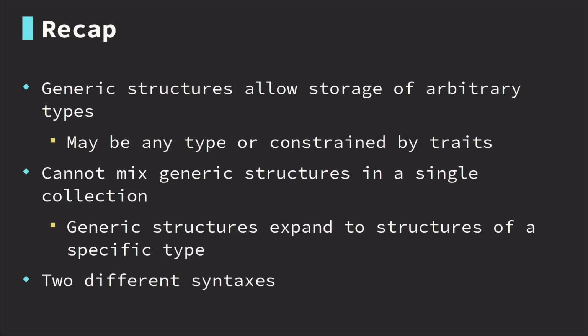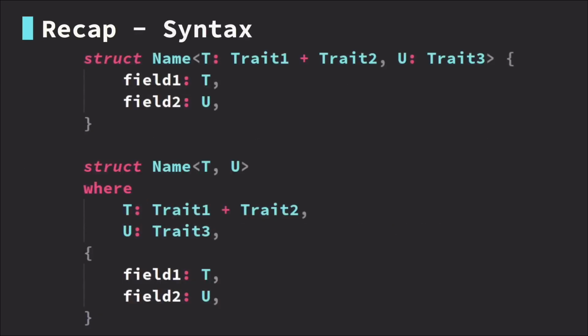And generic structures have two different syntaxes. We have the regular generic structure syntax, where we have the generic type T and U, and it's all here on one line between two angle braces. And we have the where clause, which allows us to specify the generic types along with the traits that these types are constrained by.